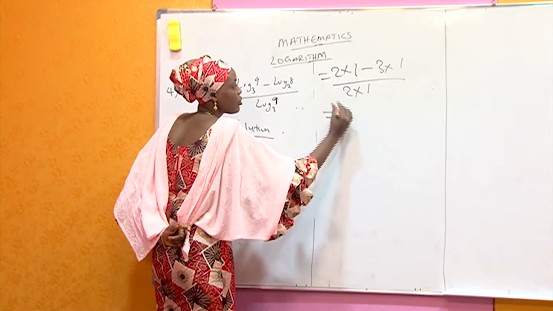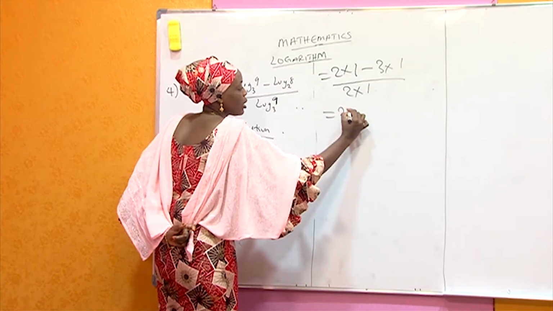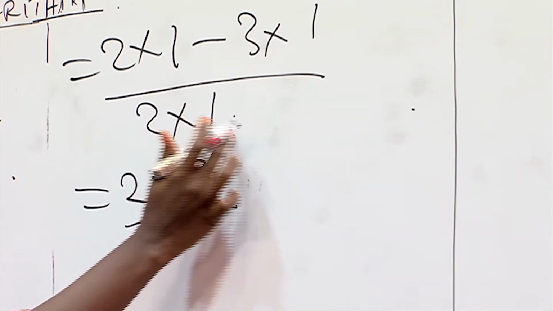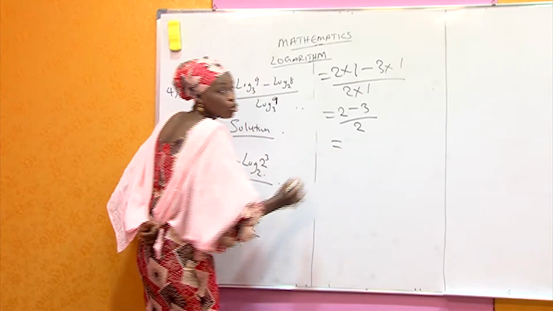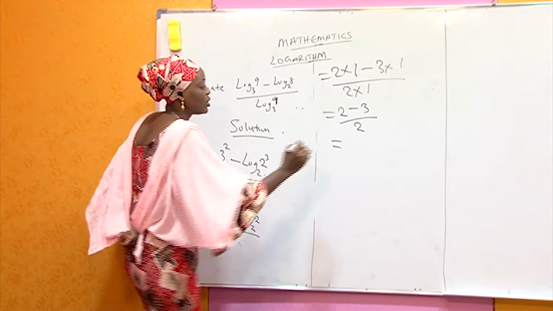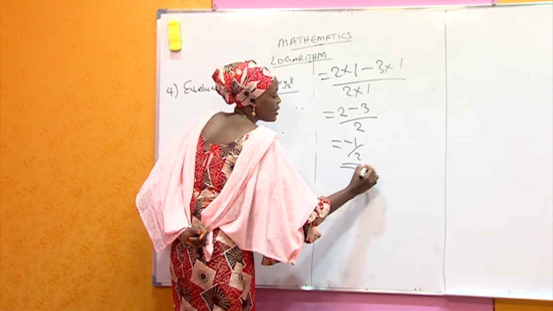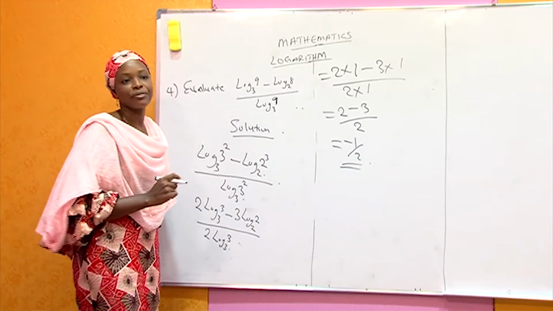So simplifying further, 2 times 1 will give you 2, minus 3 times 1, 3, all over 2 times 1, 2. So what is 2 minus 3? It will give minus 1 all over 2. So finally our answer is minus half.